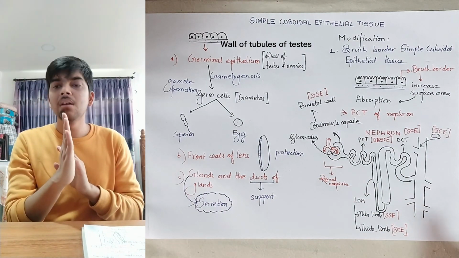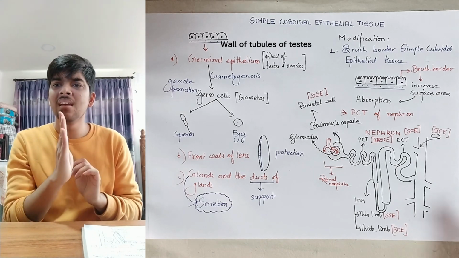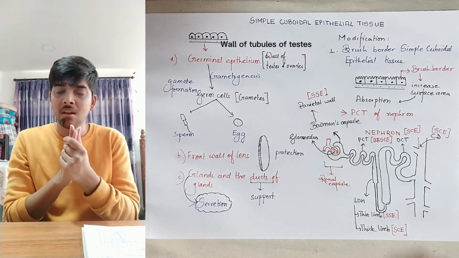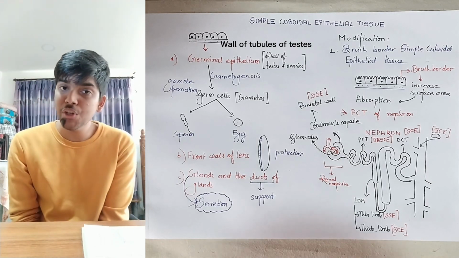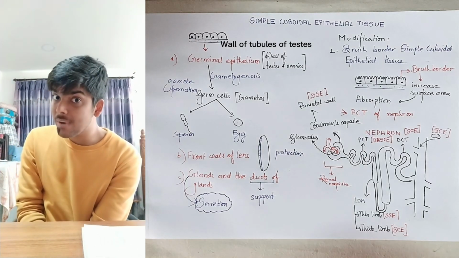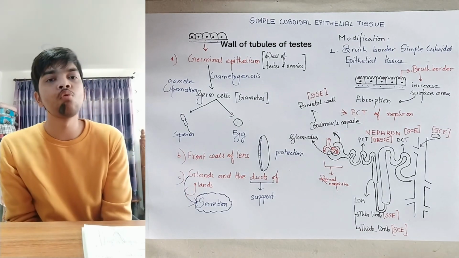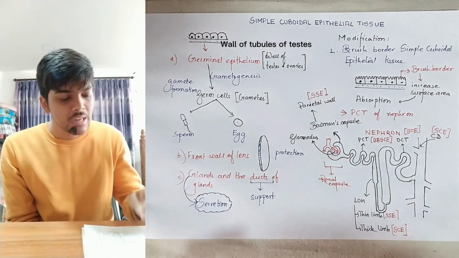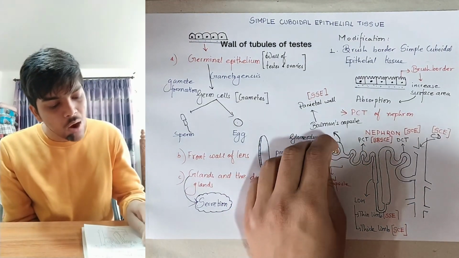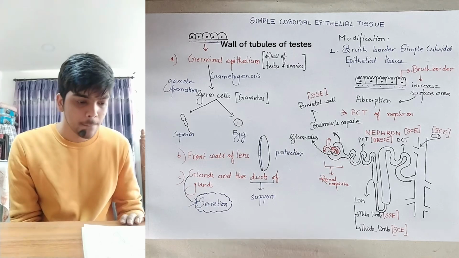The surface needs to be very thin for diffusion to take place. And the thin epithelial tissue through which diffusion can take place is none other than simple squamous epithelium. So it is the simple squamous epithelium which lines the parietal or the outer wall of Bowman's capsule.